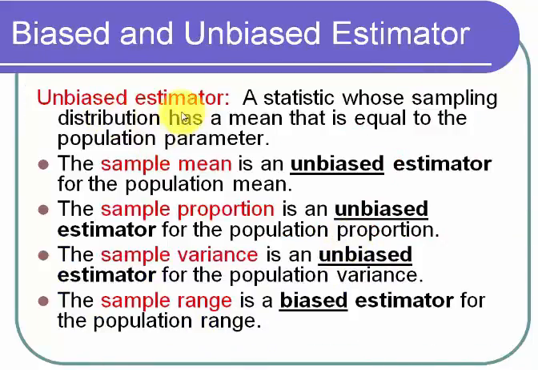First, we say an estimate is unbiased if the following happens. A statistic whose sampling distribution has a mean that is equal to the population parameter, we call an unbiased estimator.